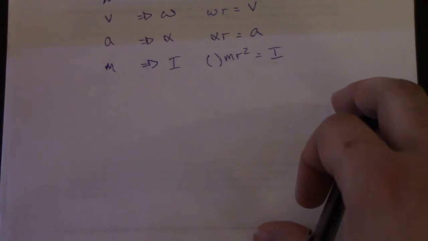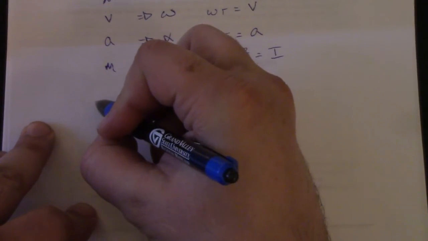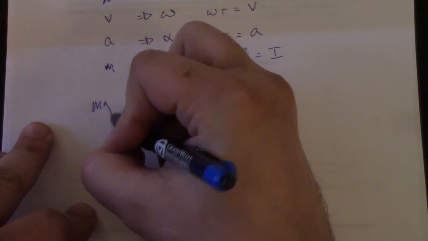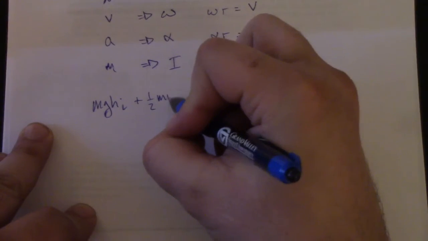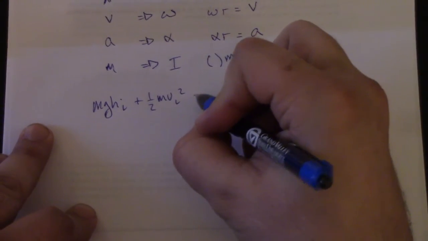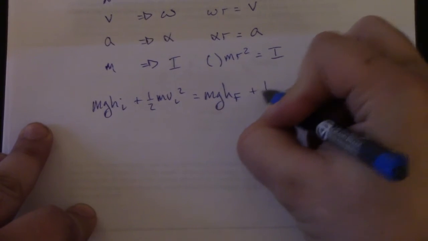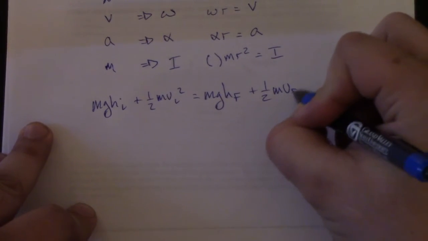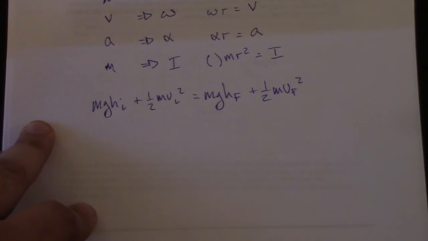And so I won't go through all of it with you, but the main point we want to get across is that instead of saying mgh initial plus 1/2 m v initial squared is equal to mgh final plus 1/2 m vf squared, we're now going to have a rotational component to our kinetic energy.